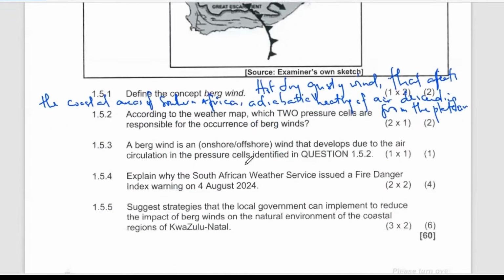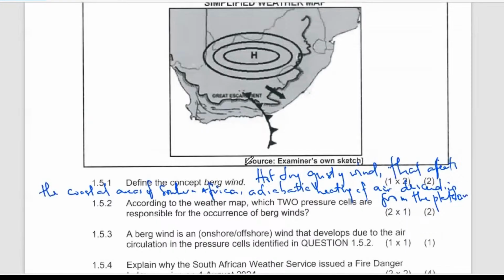Right. According to the weather map, which two pressure cells are responsible for the occurrence of the Berg winds? The Berg winds occur as a result of the high pressure cell, which is the Kalahari high pressure cell. And they also occur because of the presence of the coastal low pressure cells. These two cells facilitate the development of the Berg winds.